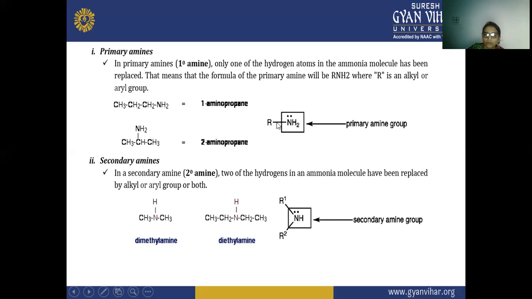This alkyl group is present here due to the removal of the hydrogen atom. So this is the formula for the primary amine, and here R can be an alkyl or an aryl group.